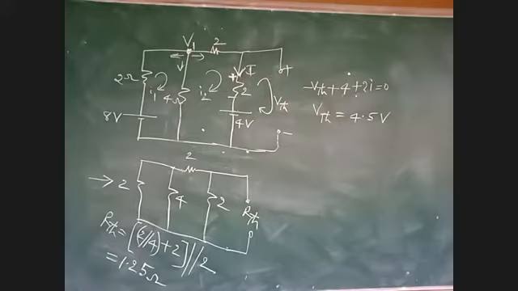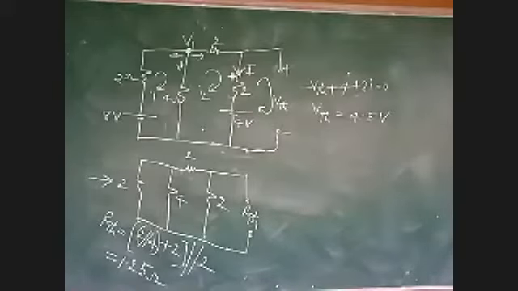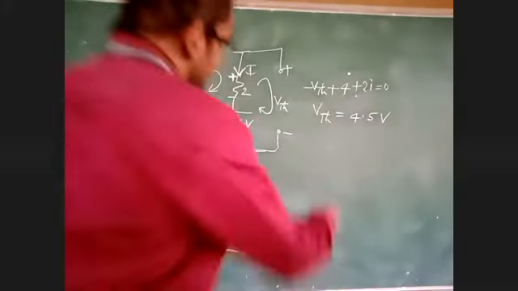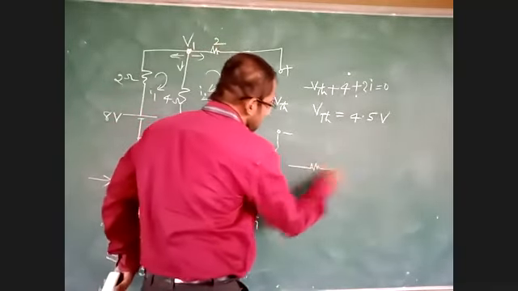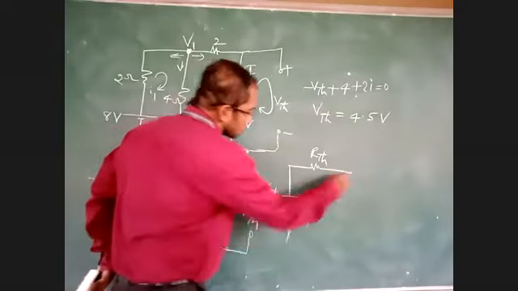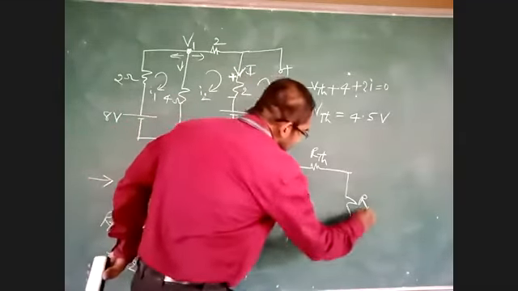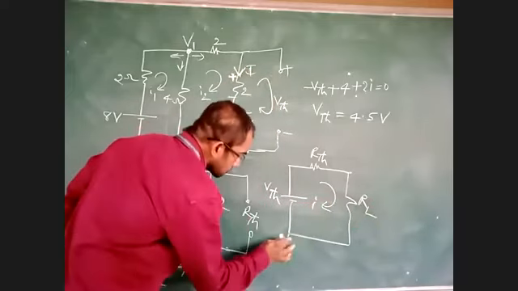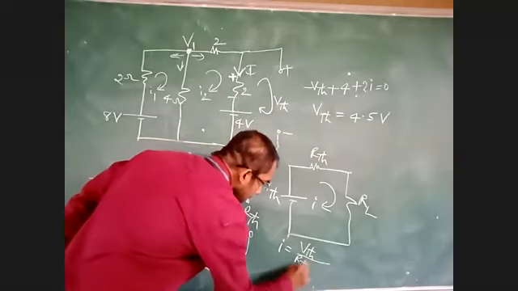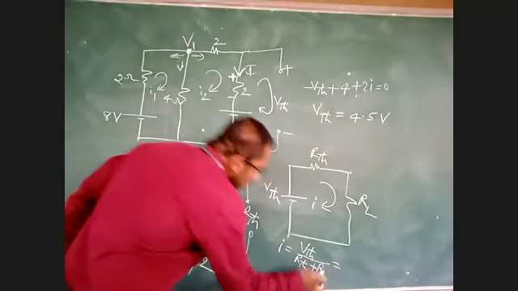Next, we have to determine the current. Read the problem. Determine the current in the load resistor. Your load resistance is 2 ohms. We have removed that. Now your equivalent circuit: your RL is 2 ohms.